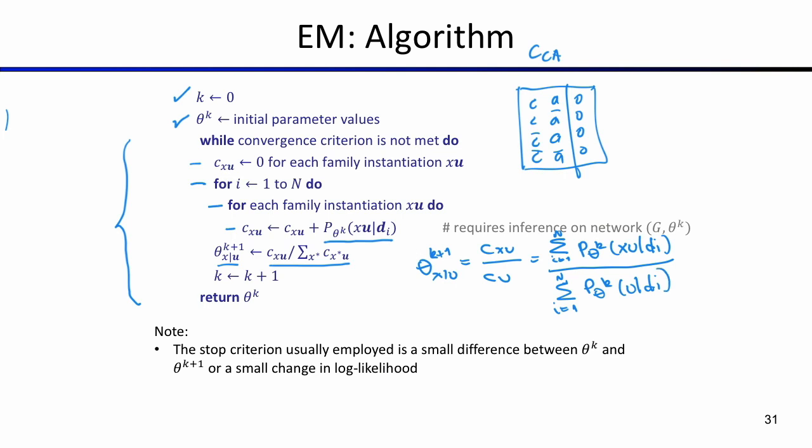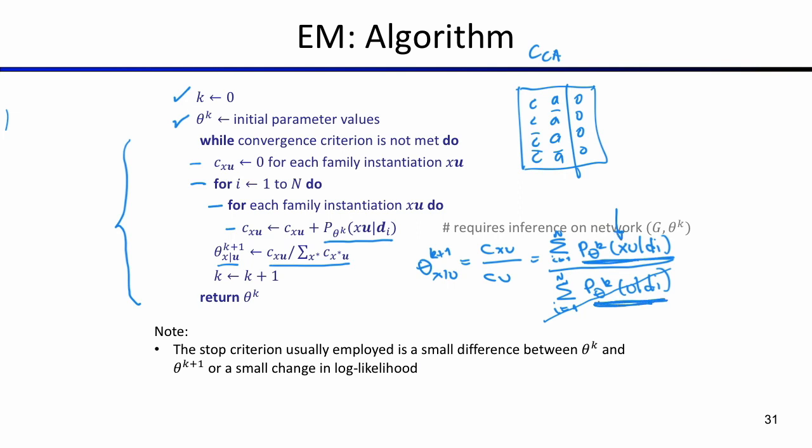But we can actually eliminate this part of the computation, and we're going to gain efficiency by doing that because we don't have to do this double inference for each parameter. The trick here is to do the case analysis. We can get this probability by computing a sum over this probability. Basically, by case analysis, if we sum over all possible values of x, we can get this probability.